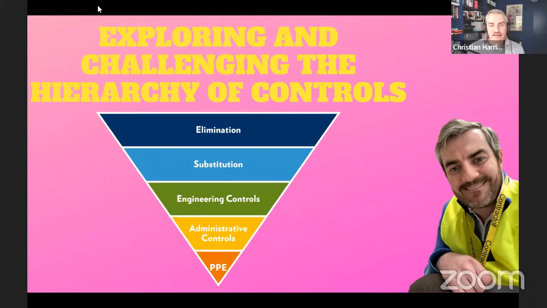We're going to be talking today about the hierarchy of controls. It looks like this is a very popular session based on the number of people registering on the Safety Roundtable Zoom. So welcome to you for joining us today. We'll delve into this topic, which I think has obviously hit a bit of a nerve and captured some attention.